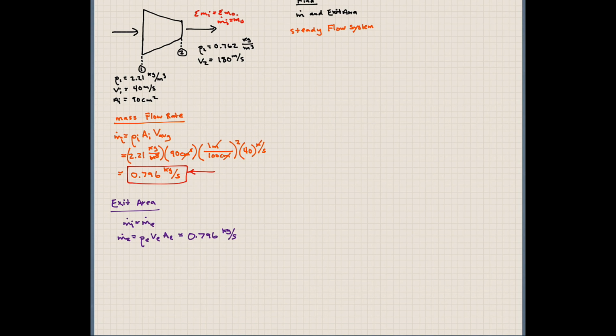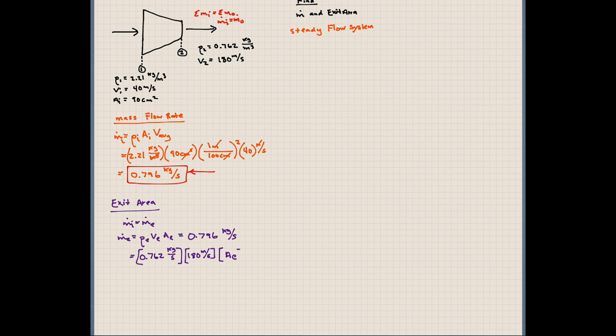Now the exit density is given, so this is 0.762 kilograms per meter cubed. Exit velocity is also given, 180 meters per second. And our exit area is not given.